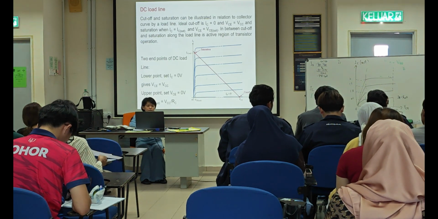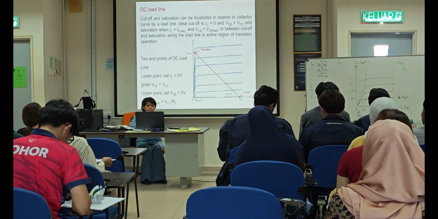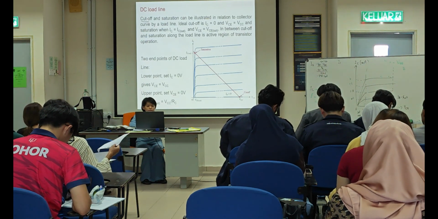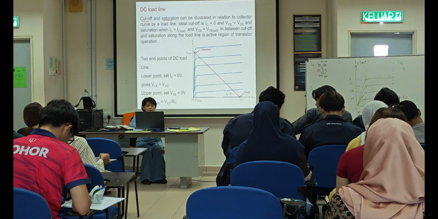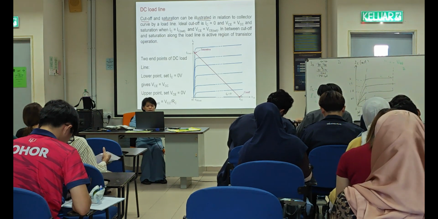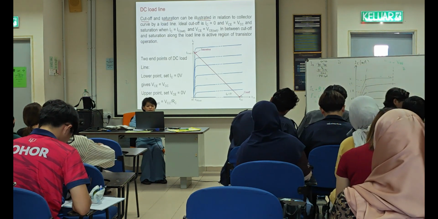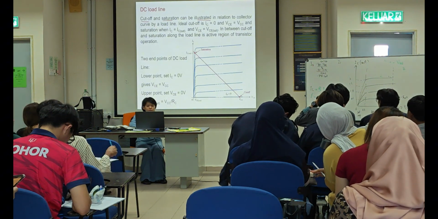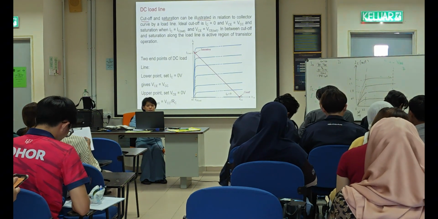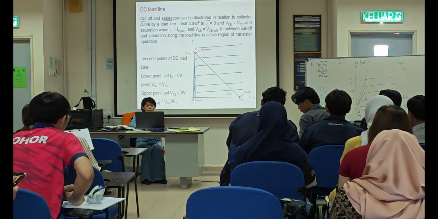Okay, DC load line. Cut off and saturation can be illustrated in this relationship. This curve is known as the collector curve with a load line.